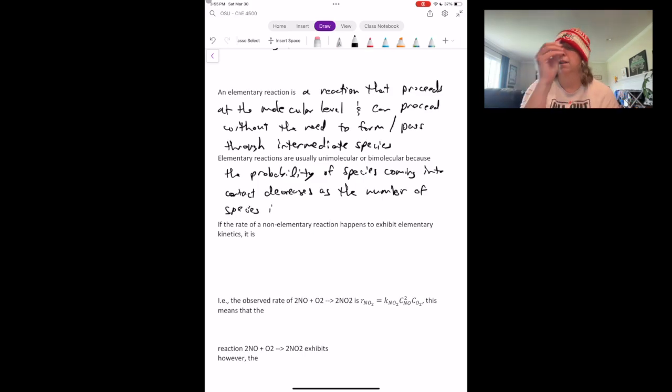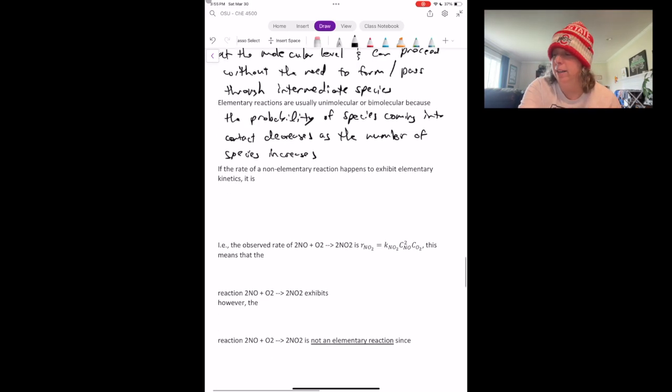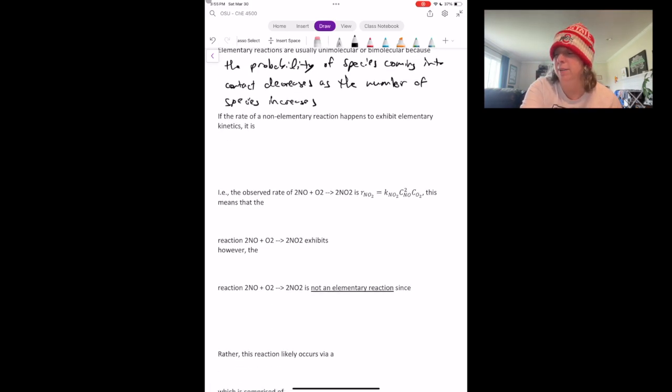What I mean by this, it's a lot less likely for a termolecular reaction to be elementary than it is for a bimolecular or unimolecular. If the rate of a non-elementary reaction happens to exhibit elementary kinetics, it is purely coincidental.